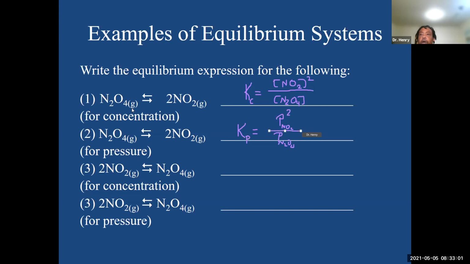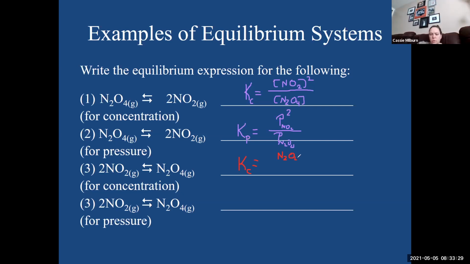Okay. Now what about here? 3. What is going to be the equilibrium constant for that? Maybe Kc. N2O4 is on top, right? Yep.